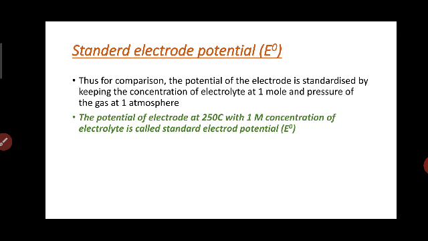For comparison, the potential of the electrode is standardized by keeping the concentration of electrolyte at 1 molar, the pressure of the gas at 1 atmosphere, and the temperature at 25 degrees Celsius. The potential of an electrode at 25 degrees Celsius with 1 molar concentration of electrolyte is called the standard electrode potential.